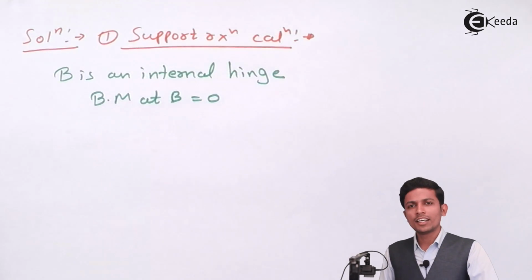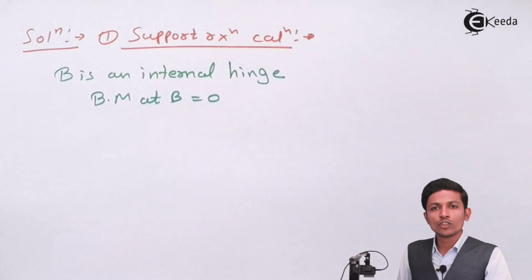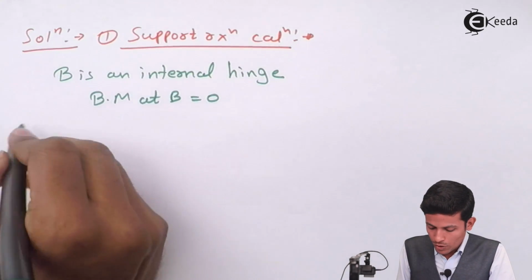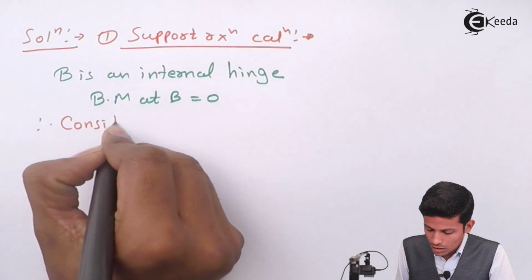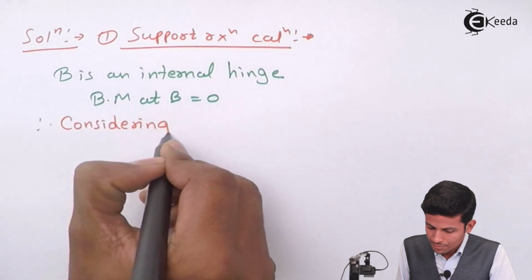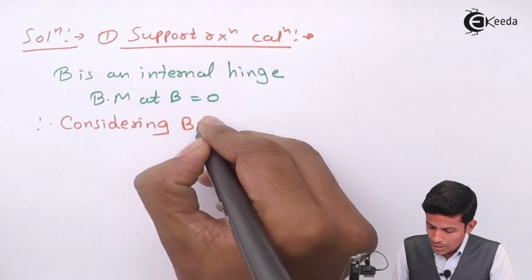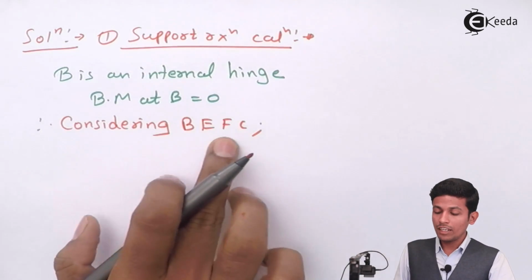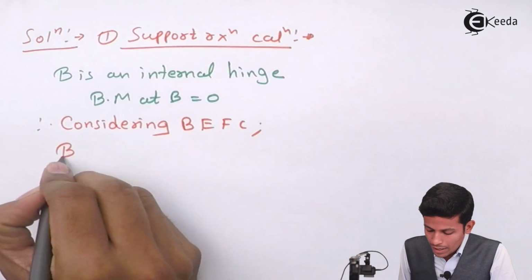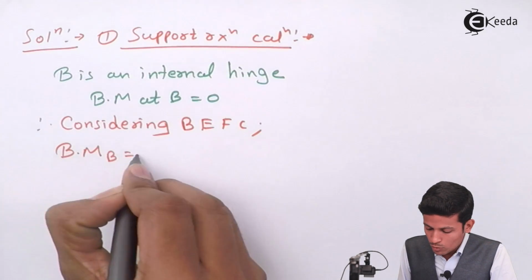As you all know, in an internal hinge the bending moment will always be 0. Now considering the BEFC part, the bending moment at B is equal to 0.